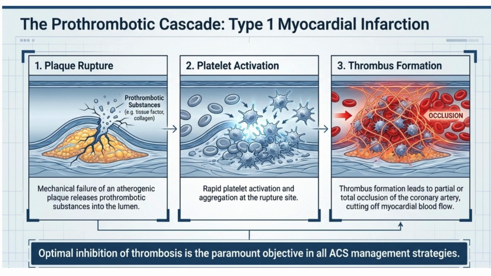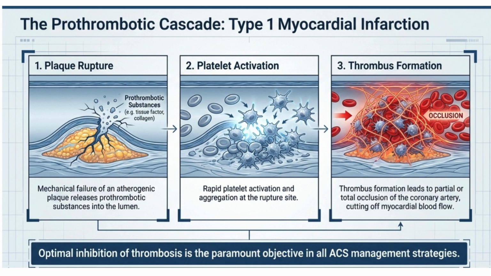The moment that cap ruptures, it exposes the bloodstream to highly prothrombotic substances hidden within the core, most notably collagen and tissue factor. The vessel suddenly views its own plaque as an open, bleeding wound.